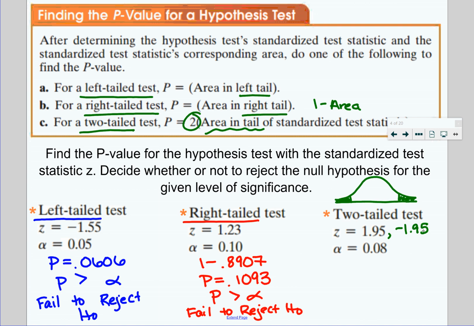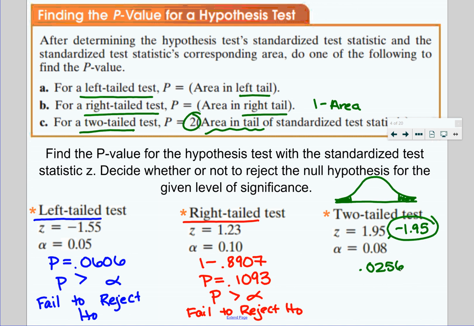Okay, the easiest one to look up always is the one that's on the left side because that's going to give us the area in the left tail, so the one that's negative. So look up negative 1.95, and we get 0.0256. If it's a two-tail test, that's the area in one of the tails.